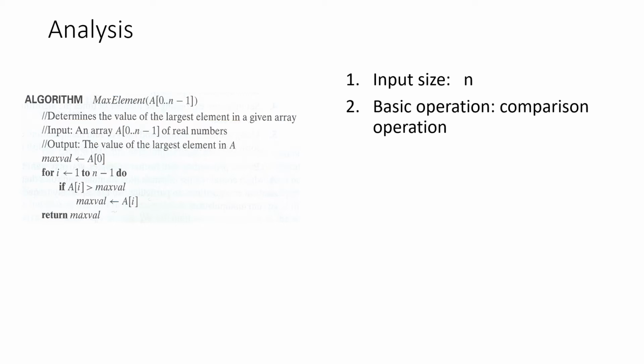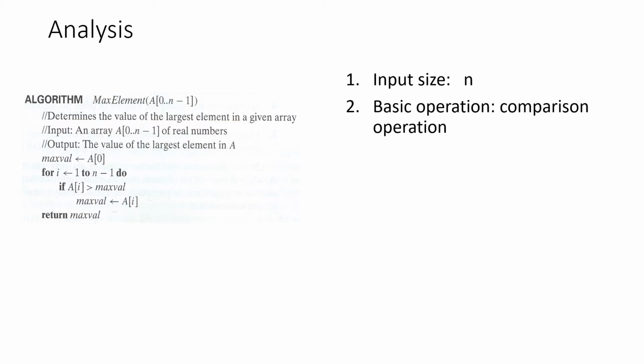Here when we observe, we have a looping statement. When a looping statement is present, the innermost operation in the loop can be considered as the basic operation. So what is the innermost operation? Max value is equal to A of i. But the execution of this statement depends upon the condition. If this condition evaluates to true, then this assignment takes place. If it evaluates to false, this assignment does not occur.